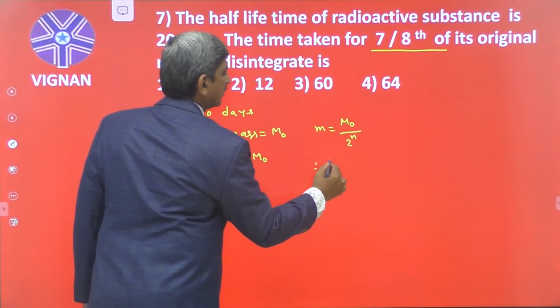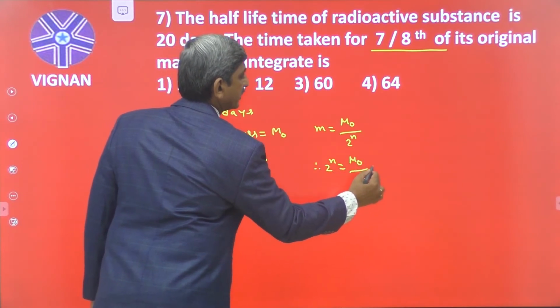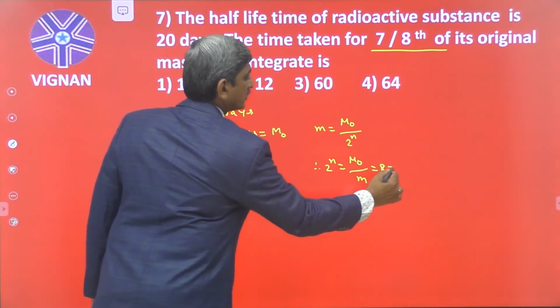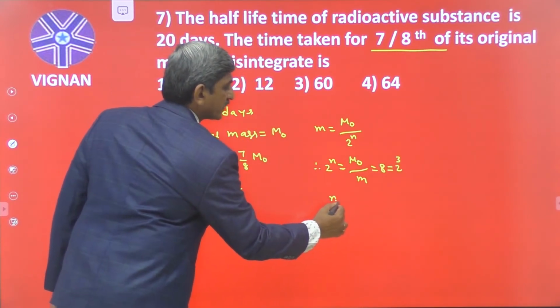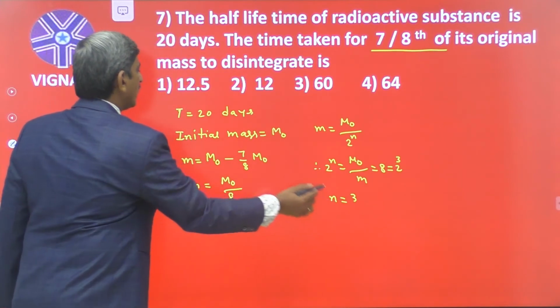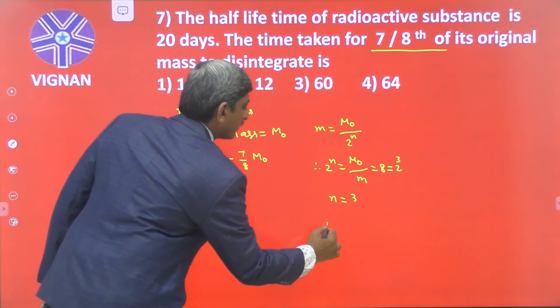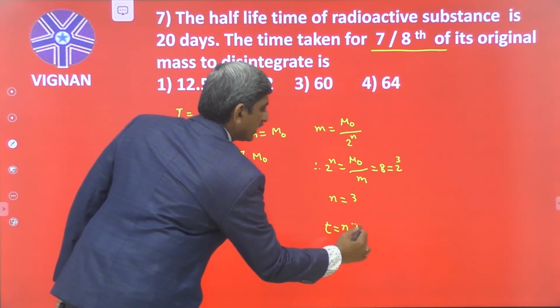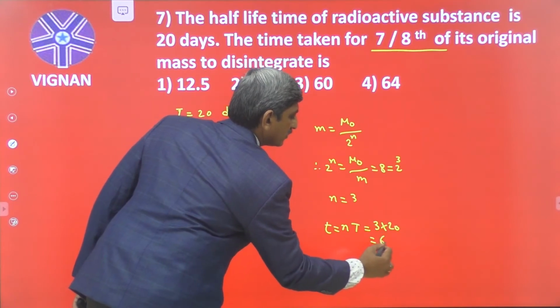From this, 2 power n is equal to m naught by m, that is equal to 8, which is equal to 2 cube. So the number of the half-lives n is equal to 3. By knowing the number of the half-lives and the half-lifetime, the total time taken can be determined by the formula t is equal to nT, that is equal to 3 into 20, that is equal to 60 days.